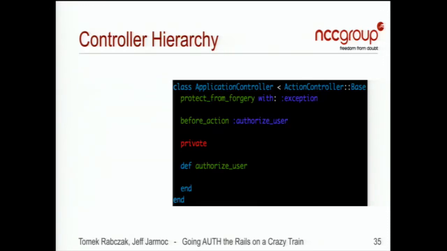And this gets some nice things by default, which is protect_from_forgery here. Ultimately, that's going to run the verify authenticity token before every single action. So you're getting CSRF protection here. Here we just have an example before_action that says authorize_user, and so this is going to get run on every single action inside of your application by default.